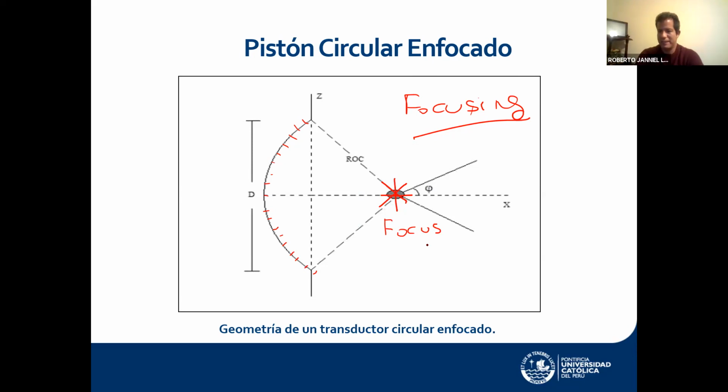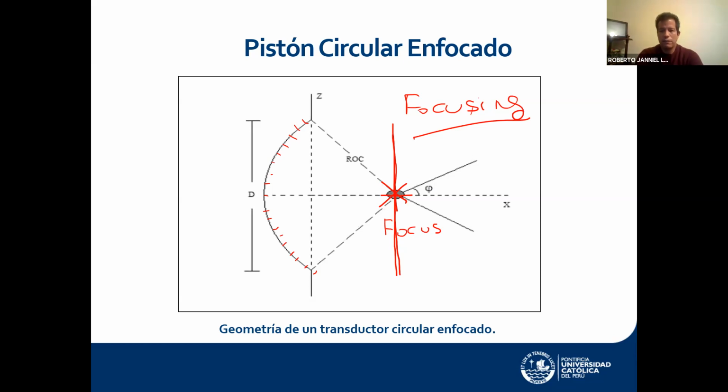If I curve it in that way, then I will know that the pressure field in this plane that passes through the focus obeys the expressions that would be observed in the far field. Okay, so that is actually a given.